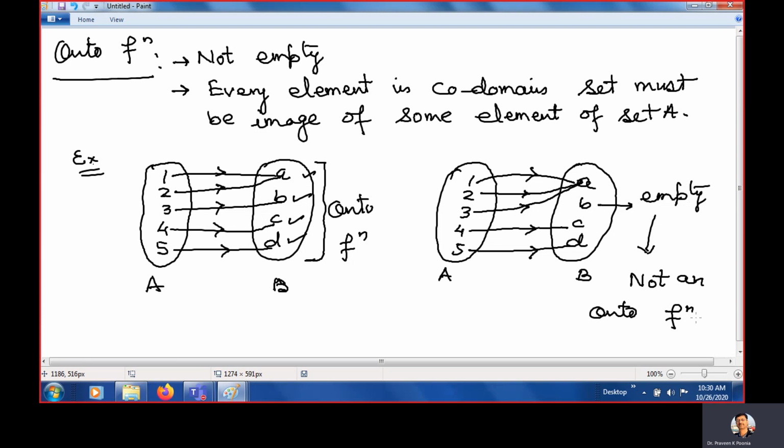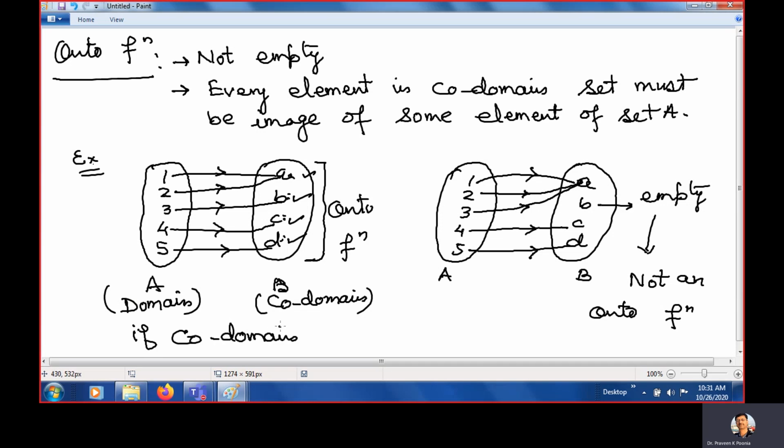Clear? If you notice here, what is this? This is the domain. What is the set B? This is the codomain. Here, what is the codomain? A, B, C, D. And what is the range? A, B, C, D. So if codomain is equal to range, then it is called an onto function.